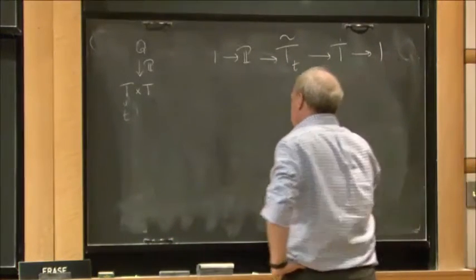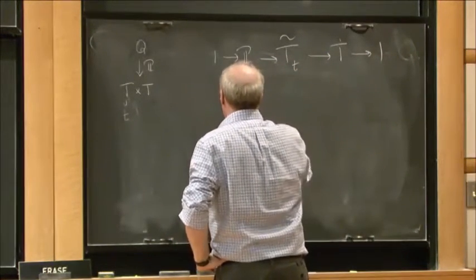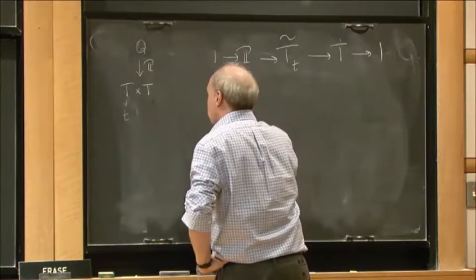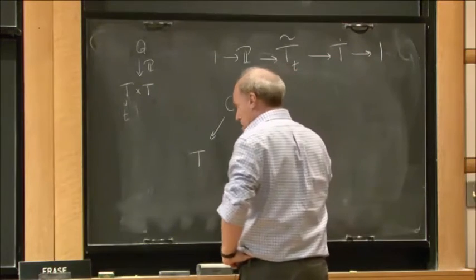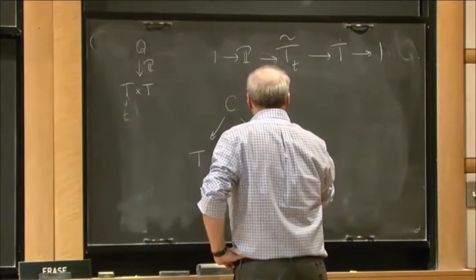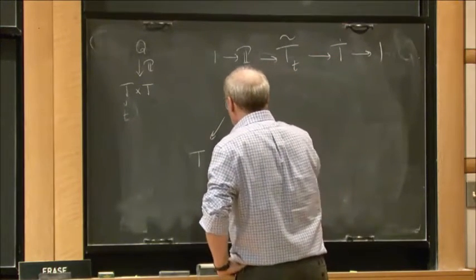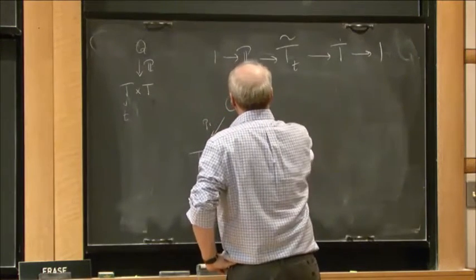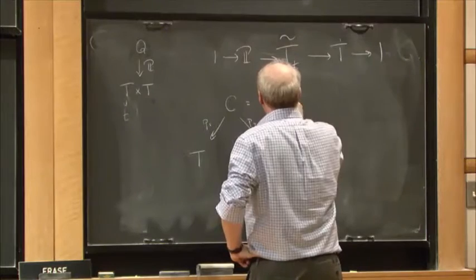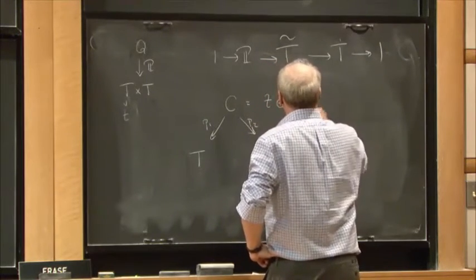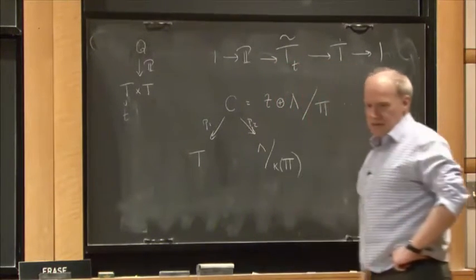So the key thing is to define the following. C is a correspondence between, on the one hand, the torus, and on the other hand, this finite group, say lambda over kappa pi. So this C is the Lie algebra direct sum of the characters divided by the diagonal action of pi.